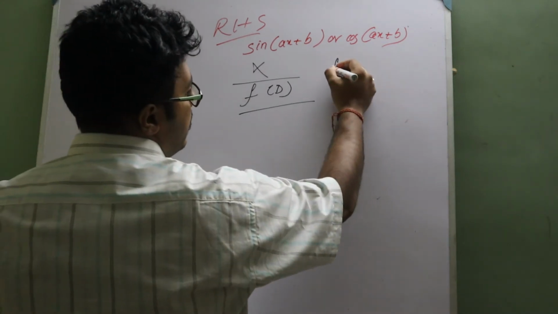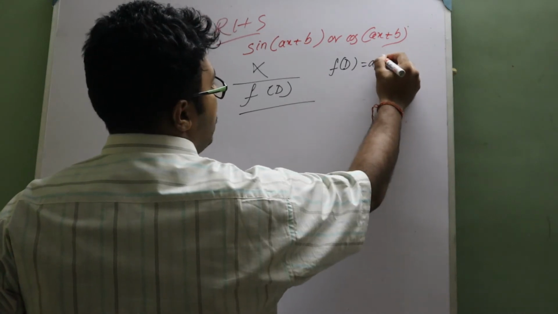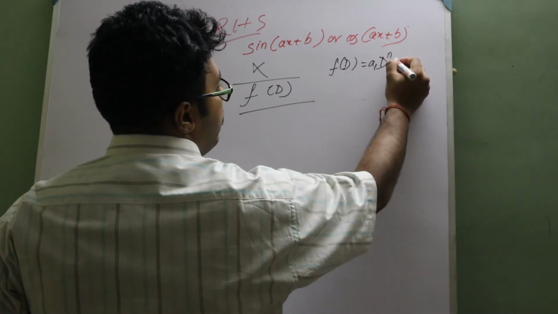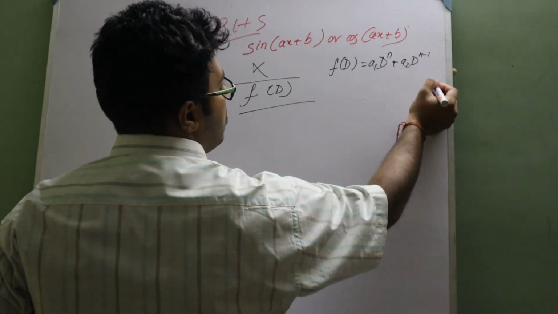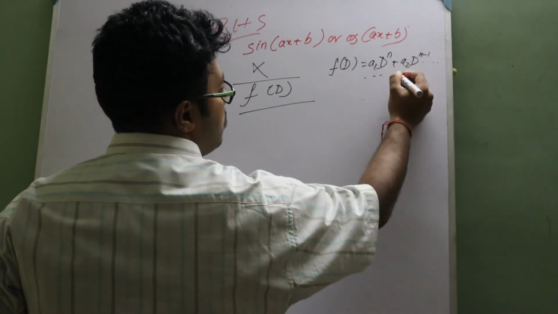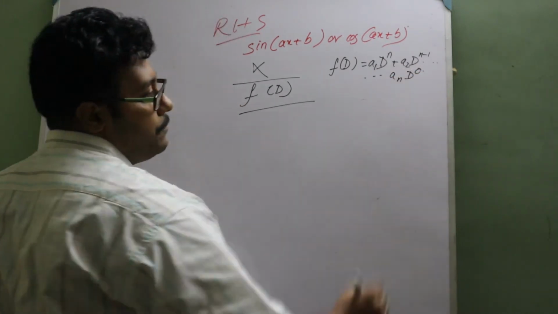Let me write here. f of D is equal to a1 D to the power n plus a2 D to the power n minus 1 up to an D to the power 0.